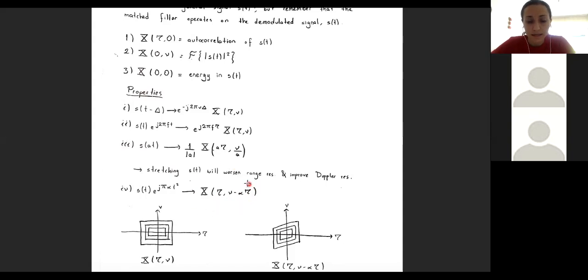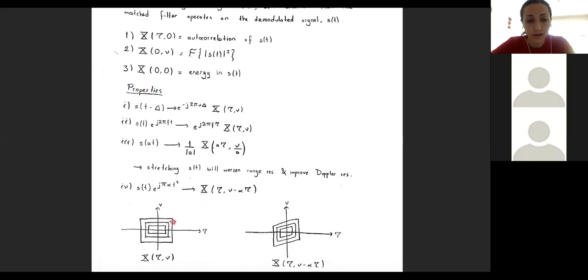That's a linear coordinate mapping, a linear coordinate transformation for the ambiguity function. So for example, if your ambiguity function looks like this, suppose these are the level sets for this ambiguity function, after this coordinate transformation you're going to see this type of shape for the ambiguity function.